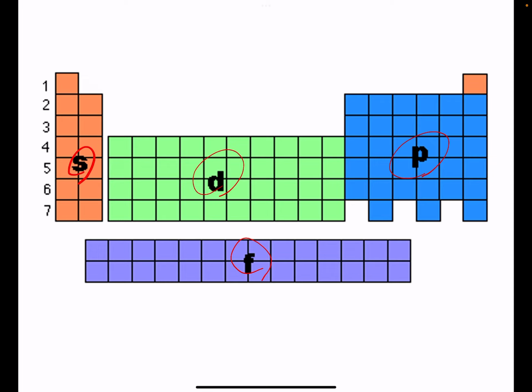We'll see some examples later where we pull up the regular periodic table and determine the electron configuration for those atoms. Notice here with the S block how hydrogen and helium are both a part of the S block, and they're both in period 1.